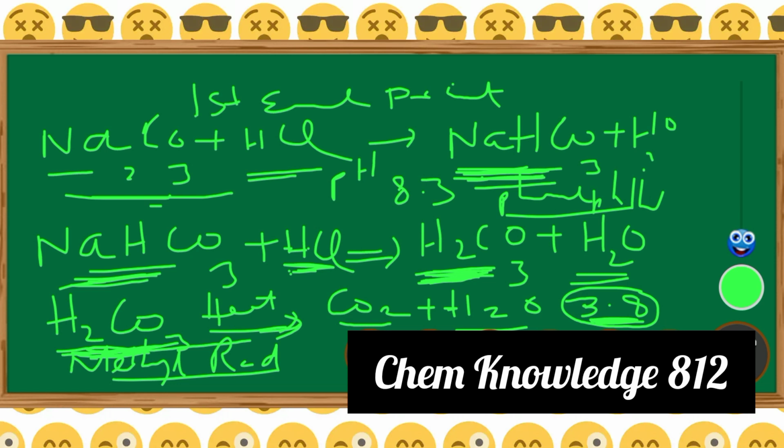The solution is cooled down, and titration will be continued by the addition of HCl, and the second endpoint at pH 3.8 will be obtained if we are performing potentiometrically. And if we are using indicator methyl red, then we will observe the endpoint of this methyl red to get the second endpoint. So the volume of HCl used will be noted.